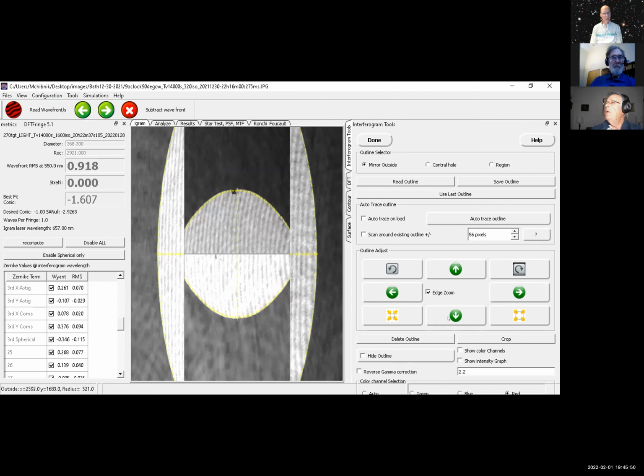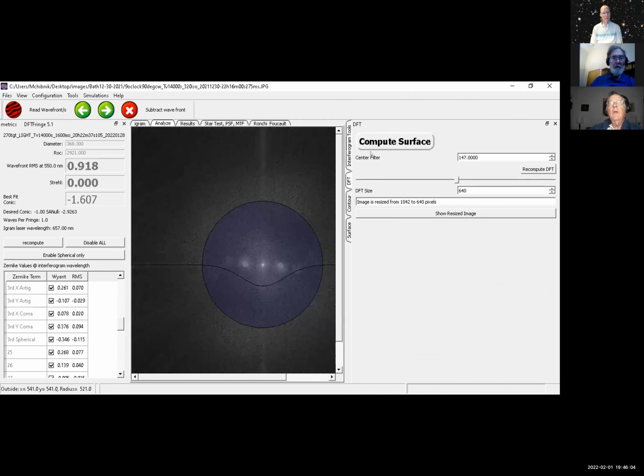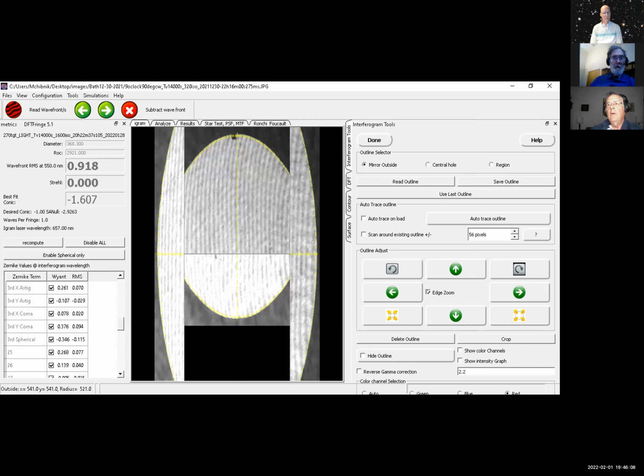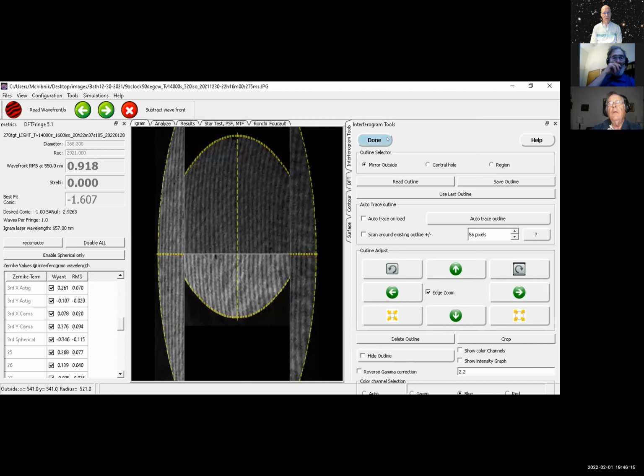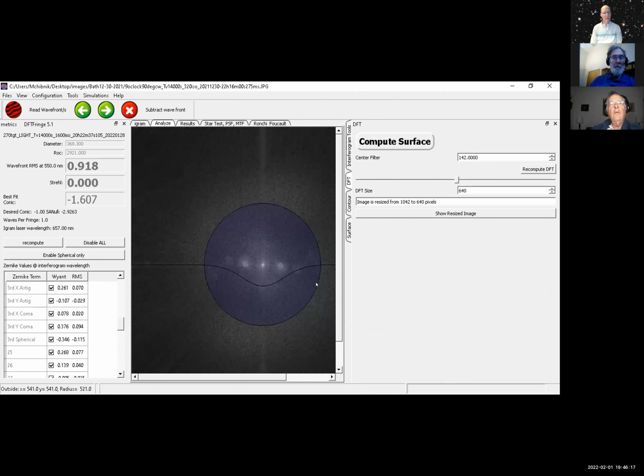That happens to be the wavelength that is measured on that particular laser. Really? I thought green is 545, isn't it? Hold on a second. Right now it's showing laser wavelength at 657 nanometers. Okay, this is blue. Let's do this again. It's oriented differently, so the frequency information is different.